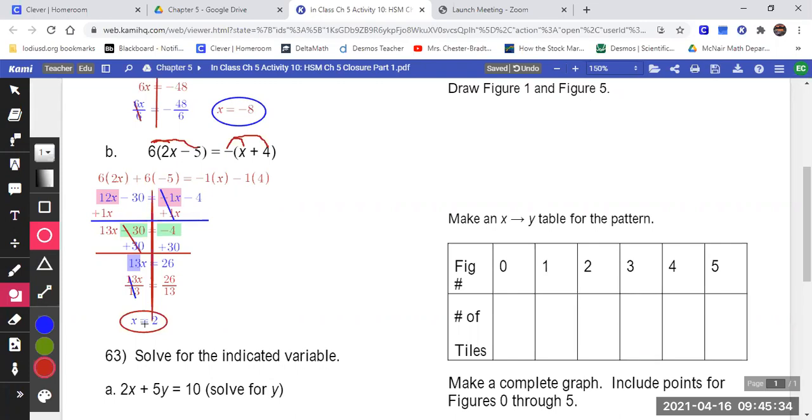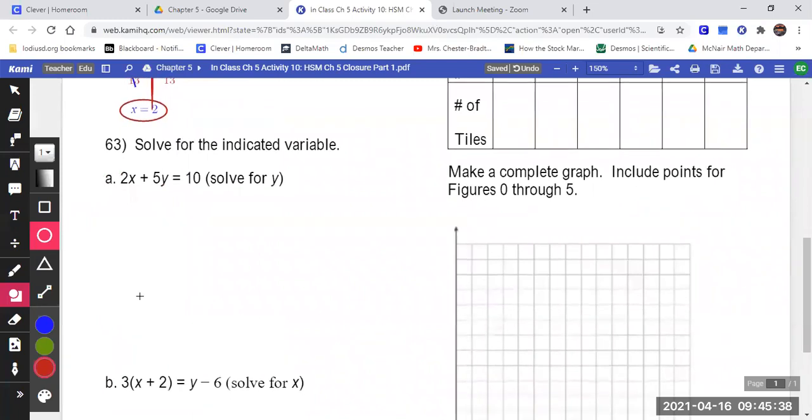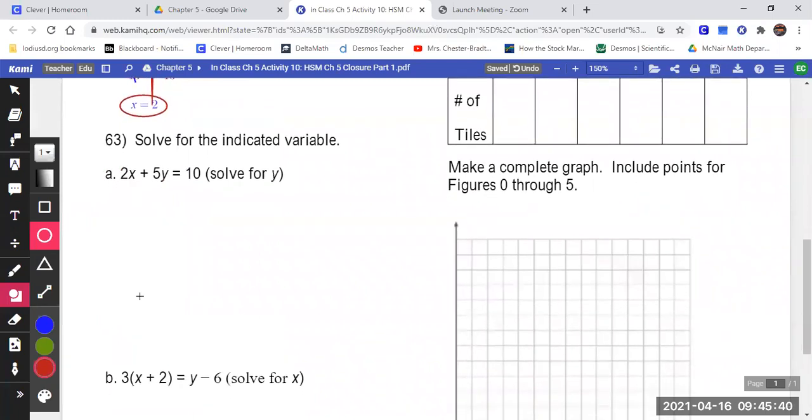Okay. What's the next one? Solve for y. What does it mean to solve for y?